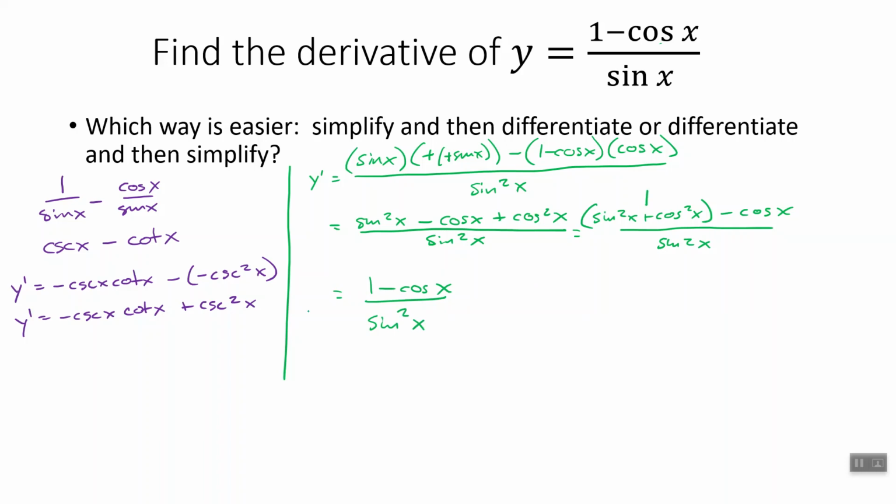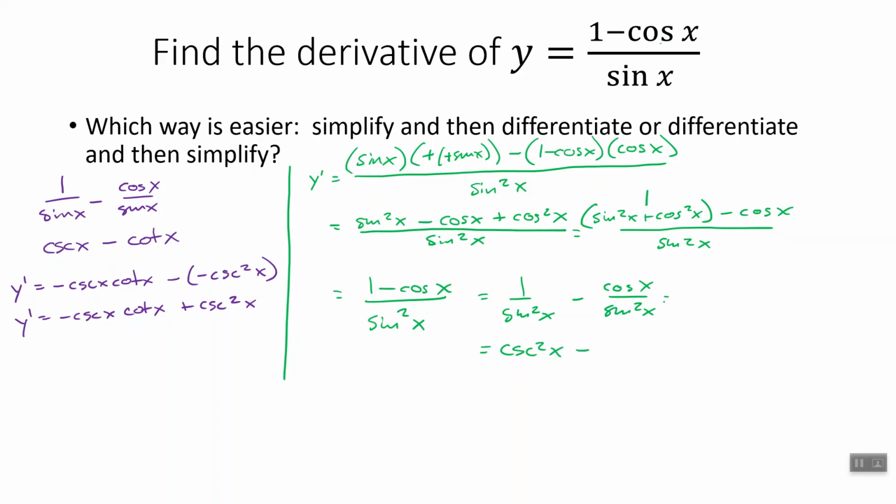And then you're probably looking at me like, those don't look the same at all. Well, what happens if we just divide each part here? So we get 1 over sine squared minus cosine over sine squared. 1 over sine squared is cosecant squared. We can put 1 cosine with sine here.